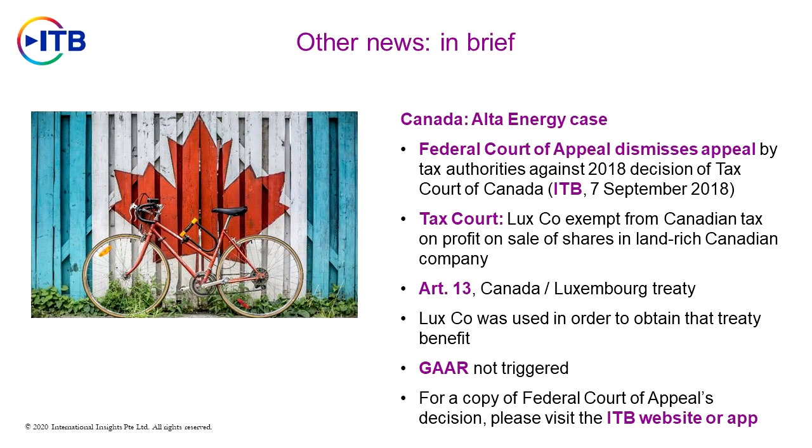In Canada, the Federal Court of Appeal has dismissed an appeal by the tax authorities in the Alta Energy case, which was decided by the Tax Court of Canada in 2018.